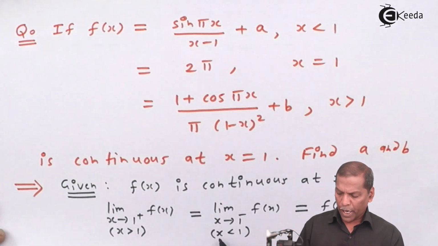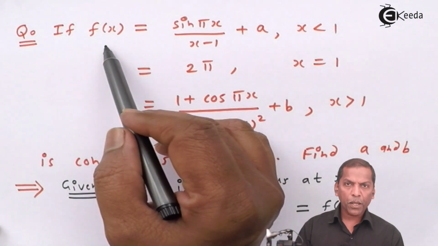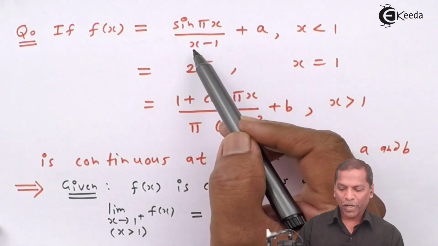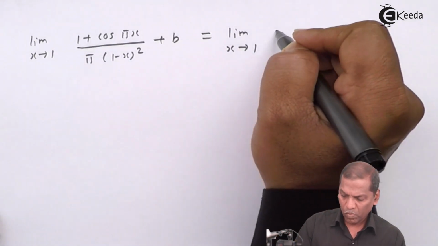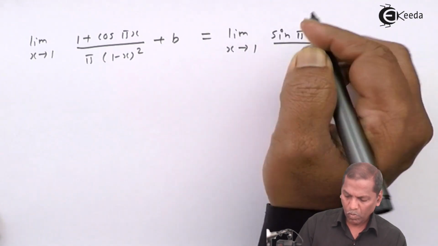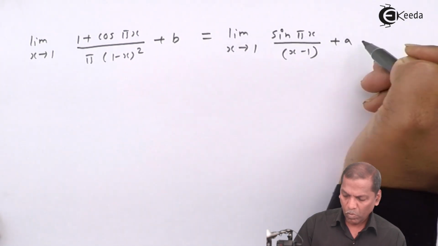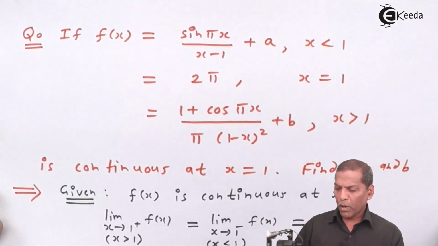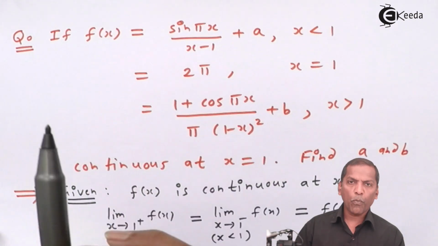Now x is less than 1, so at that time f of x is defined as sine of pi x upon x minus 1 plus a. That is equal to, now x equal to 1, so f of x is defined as 2 pi.